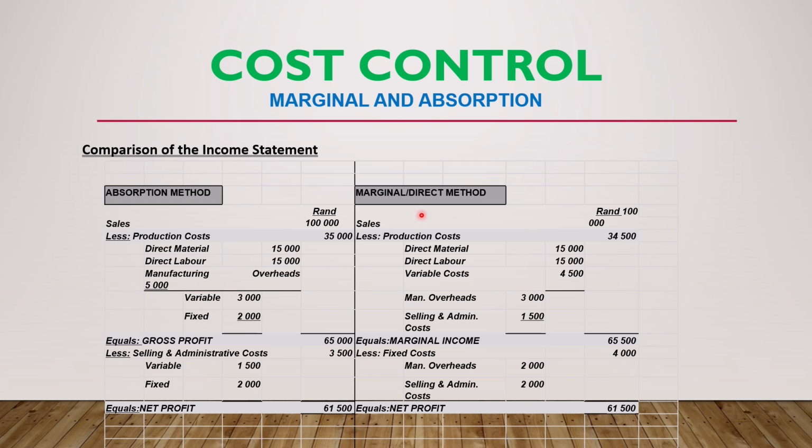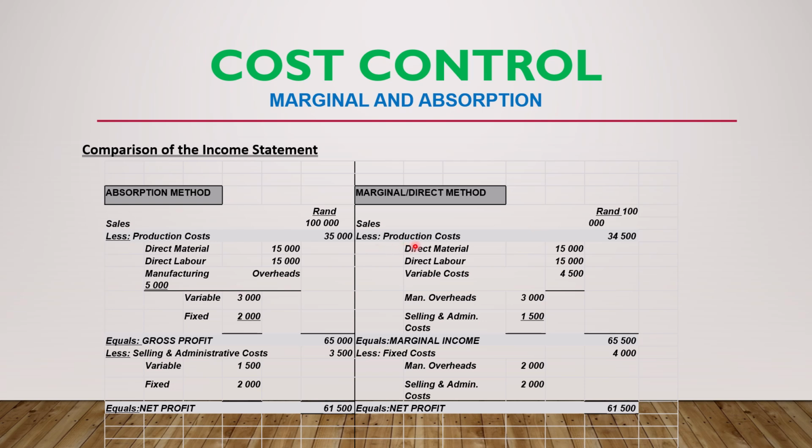Same thing here also. This is the income statement. Your sales is 100,000. I'm sorry, this 100 was supposed to be here, like here. 100,000 less your production cost.